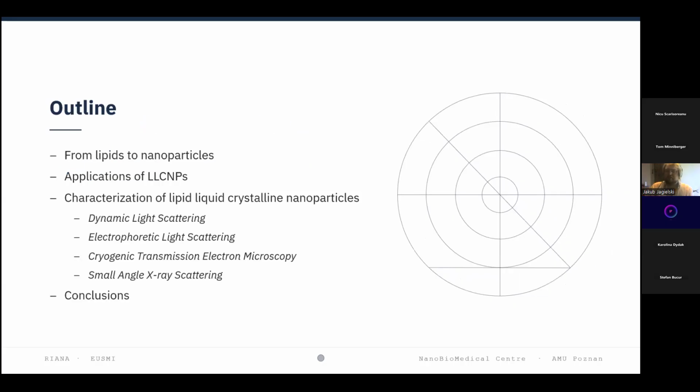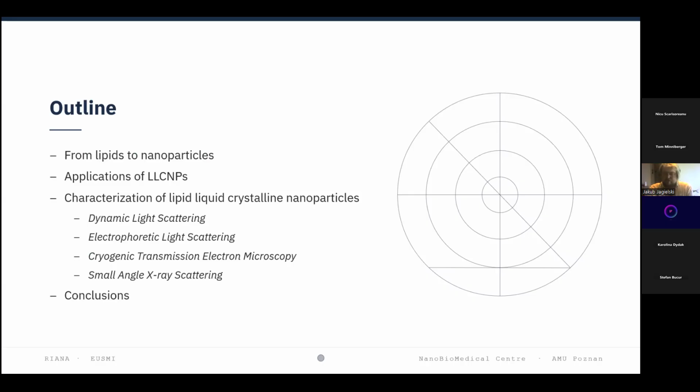Okay, here's our roadmap. We'll start from the very basics: what are lipids and how do they self-assemble into nanoparticles? Then I will give you a very brief look at applications, and we'll move to the core of the talk, which covers 4 characterization techniques: dynamic light scattering, electrophoretic light scattering, cryogenic TEM, and small angle X-ray scattering.